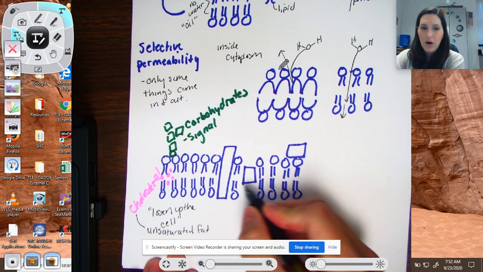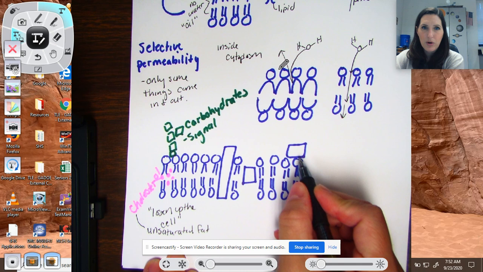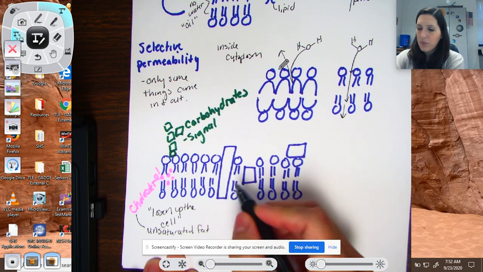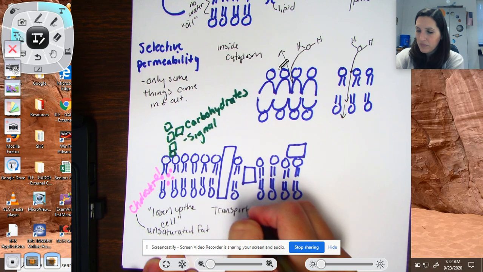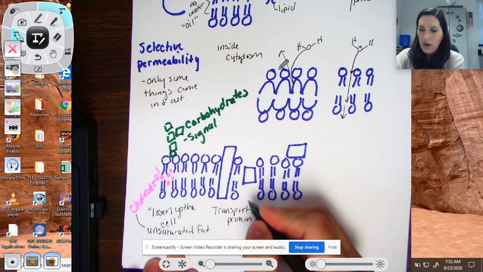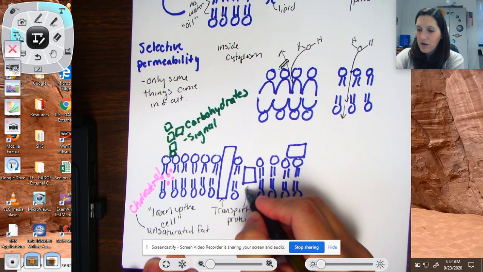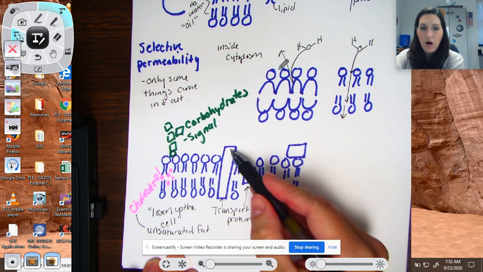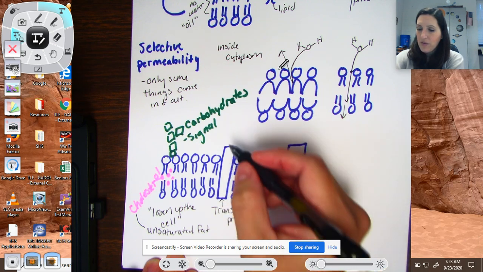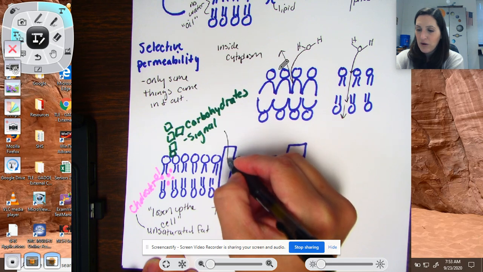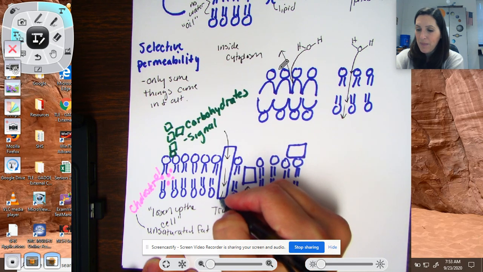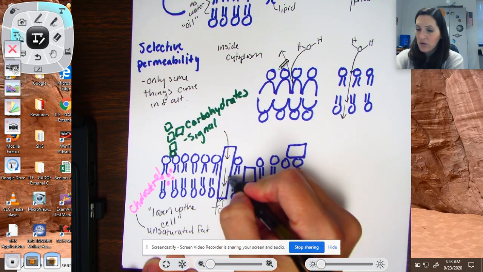These big boxes are transport proteins. These are a protein. And we're going to learn of the different types of proteins. Some go all the way through. What this does is it allows molecules to move very quickly through and bypass the cell membrane, and you can go in or out.